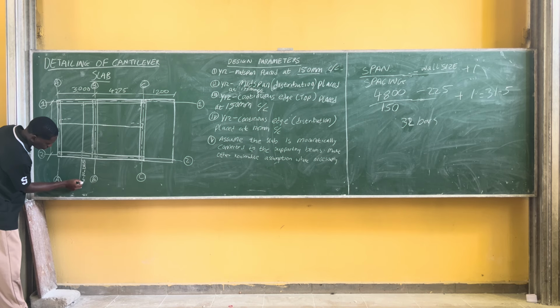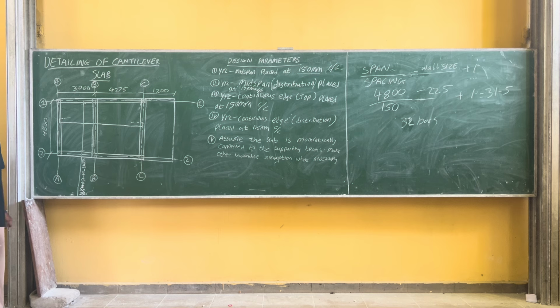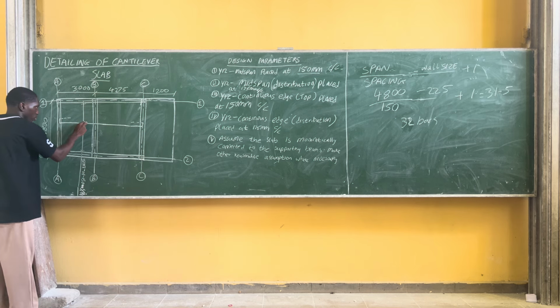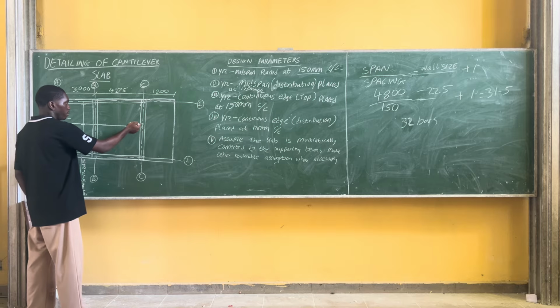150 center to center, B1. I don't know if you guys can see it. That will be our first division. Then put an indicator. And I made a mistake here.